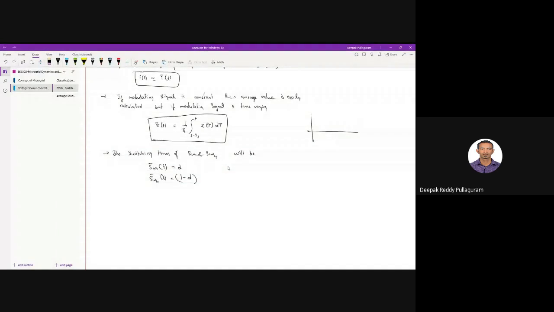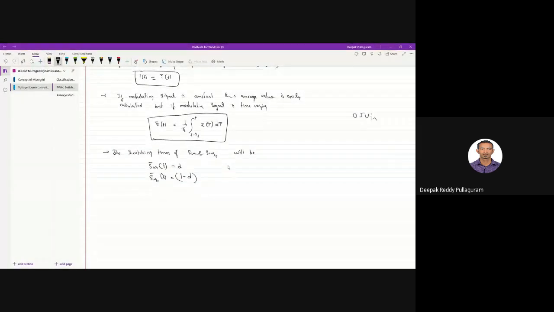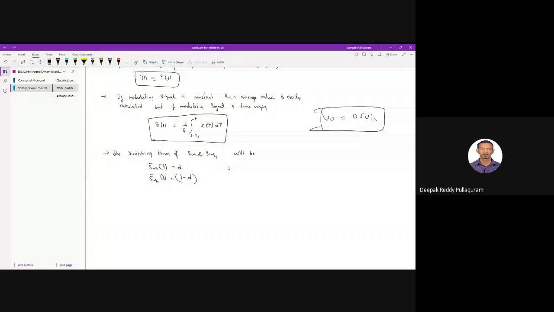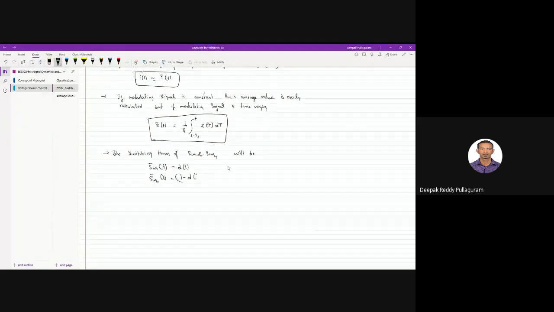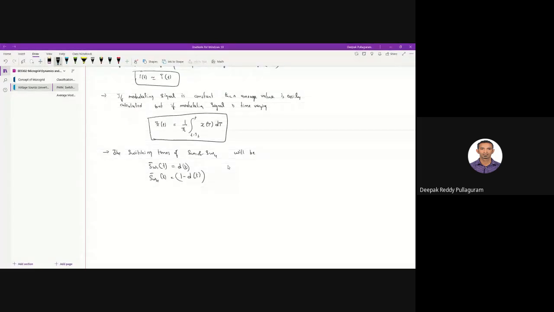If I have a constant, I can directly write D as a constant value, like V out is equal to 0.5 times V in. But if it is time varying, say a sine of t, I can directly write that time varying quantity as D itself. I represent D as time varying here. You're getting my point? Yes, sir, D is a time varying quantity again.